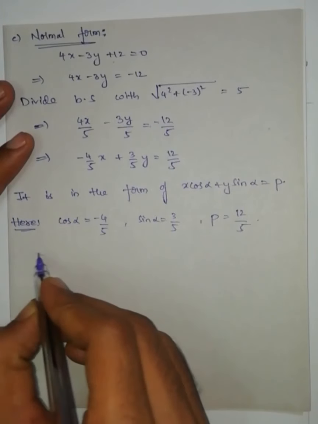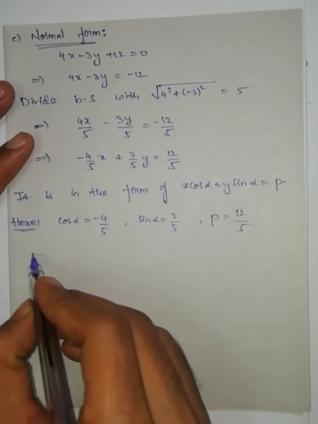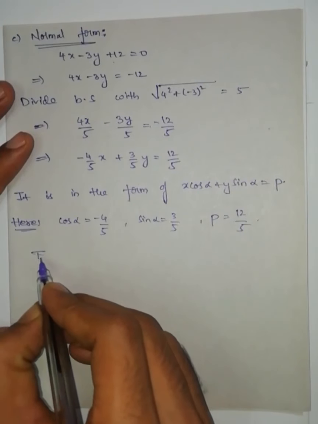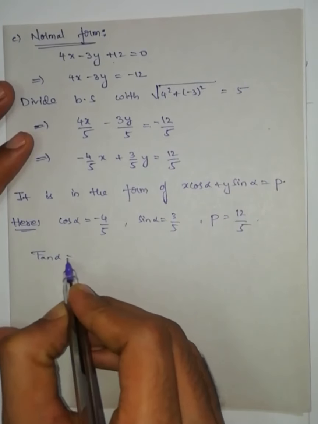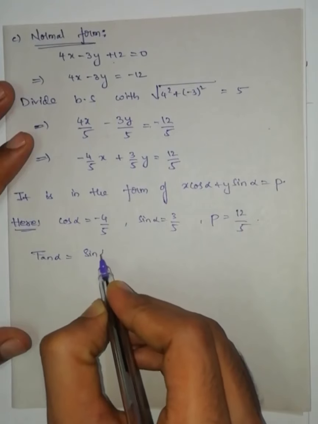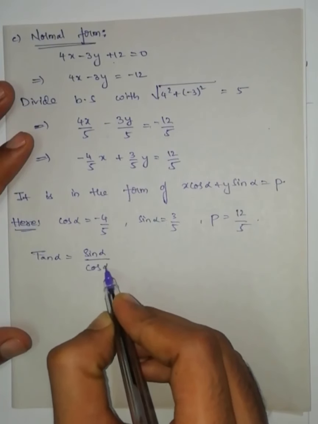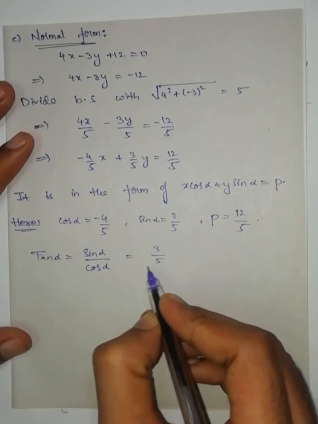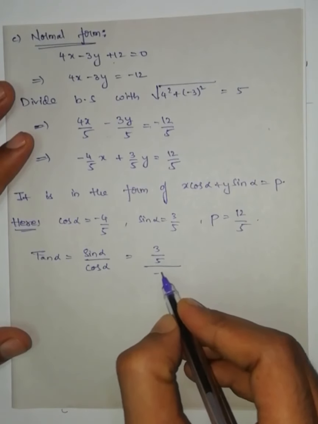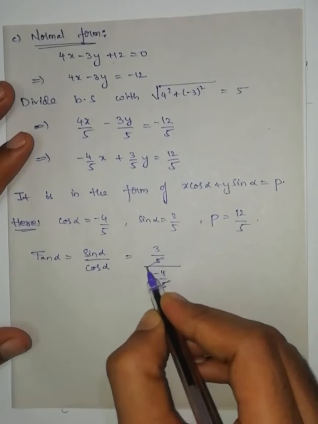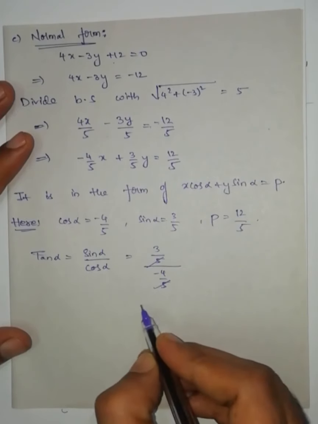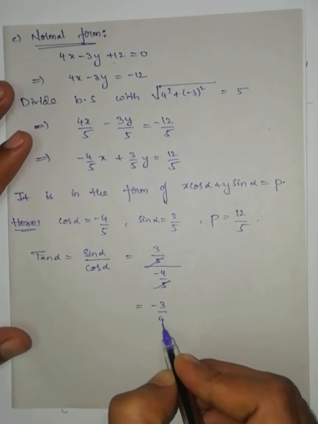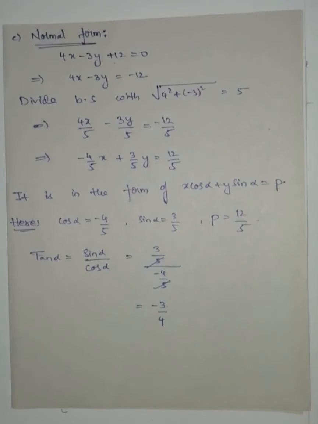Now here I can write that tan alpha is equal to sin alpha by cos alpha, which is nothing but 3 by 5 by minus 4 by 5. 5 gets cancelled, which is equal to minus 3 by 4.